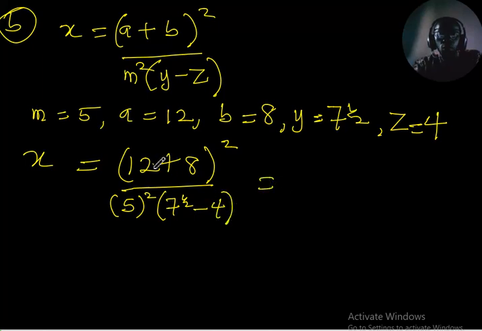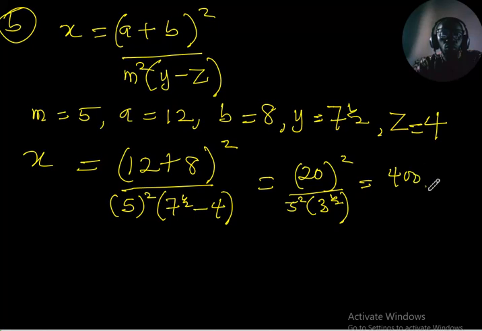So if we work here, 12 plus 8 gives 20, so you have 20 squared over 5 squared, then 7.5 minus 4, 3.5. So 20 squared will give 400 over 25 in bracket of 3.5.